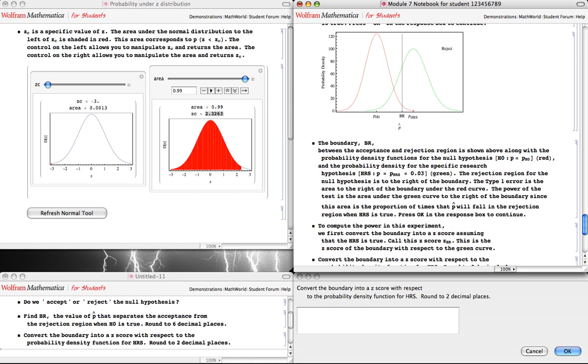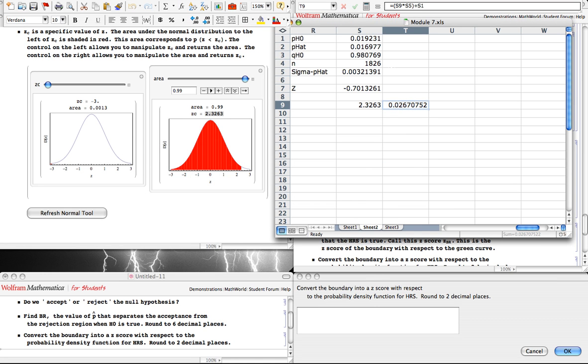So what you have to do is take the value for which you would reject the null and figure out what z-score that corresponds to when the p hat is actually equal to 0.03. So this is 0.03 here. Okay, p hat is the value corresponding to your rejection region.